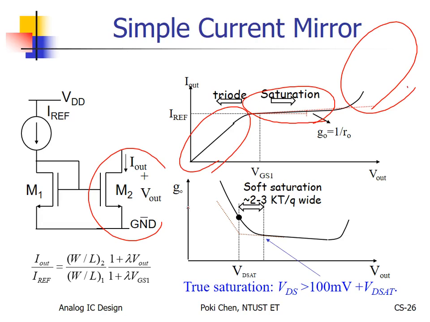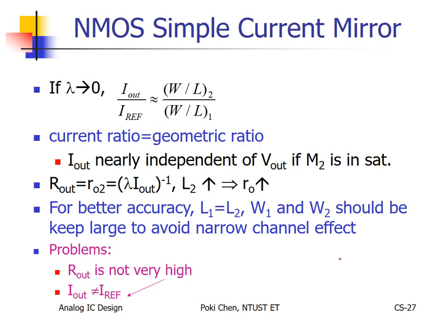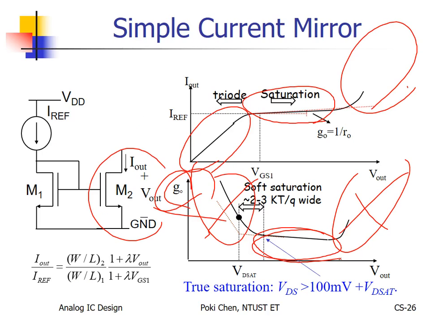So, according to G out, the output conductance, to stabilize your output current, hopefully the conductance is the minimum. So, according to G out, here and there, no good for you. Only the value, the minimum area, is what you need to have. Okay? So that is the so-called saturation.